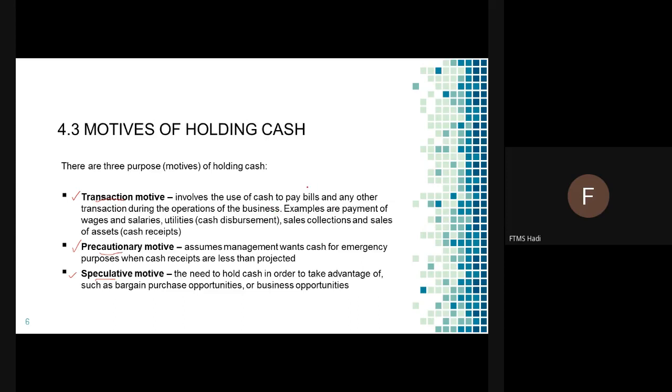In other words, either you receive cash or you pay by cash, in terms of daily transactions. Receiving cash is in terms of revenue, and paying by cash is usually expenses, for example utilities and salaries, which are cash disbursements.